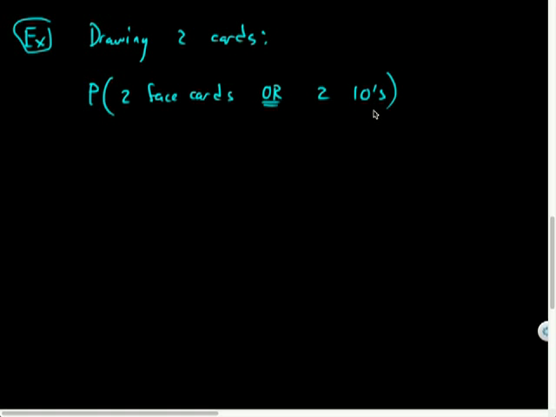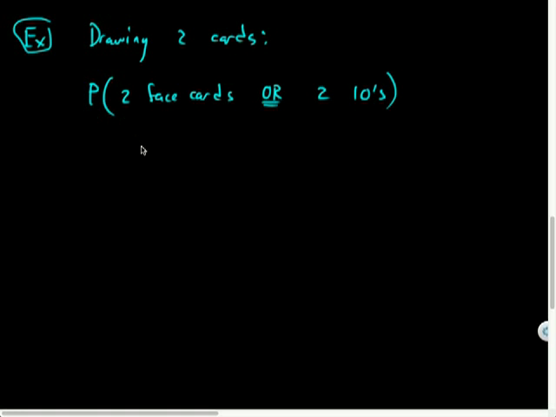So before I can actually figure this out, I have to ask the question, could I ever get a face card that is also a 10? No. All right, that doesn't happen. Okay, so these two events, getting two face cards or two tens, those are mutually exclusive.